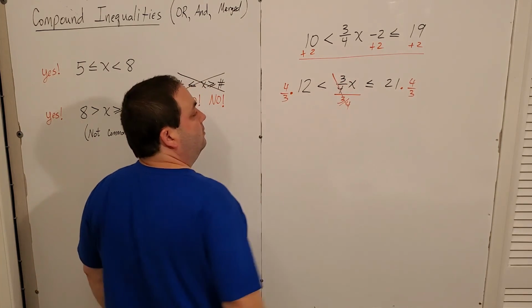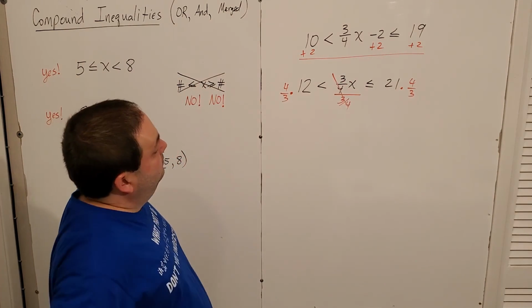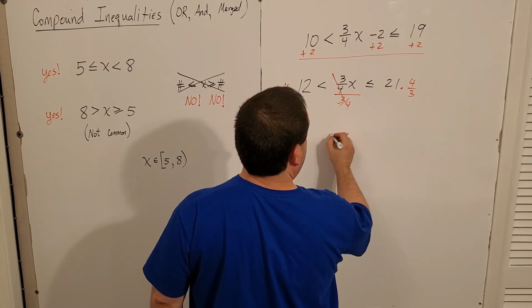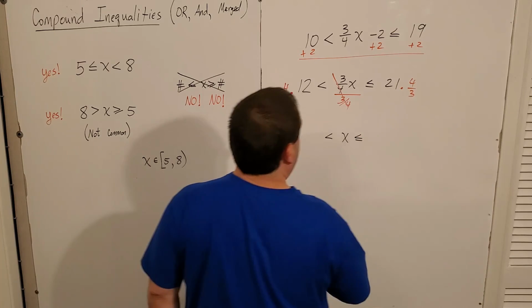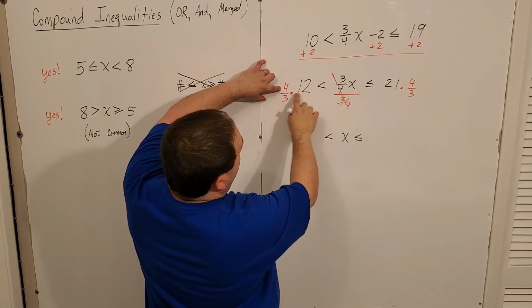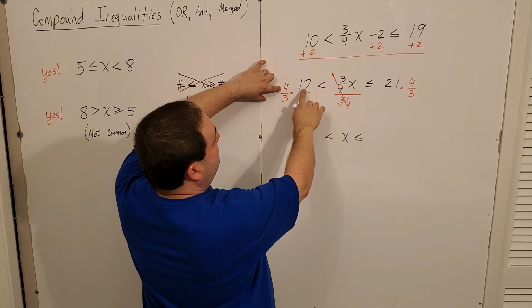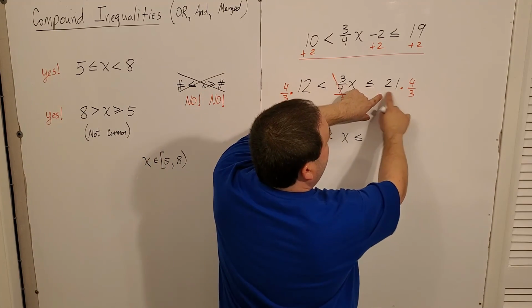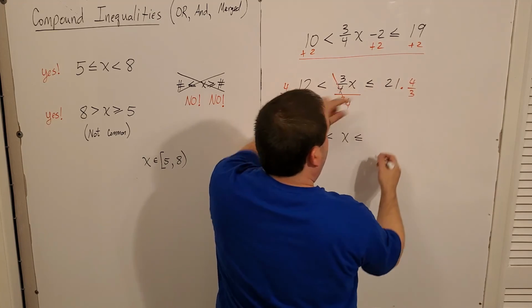Right? So these are going. That leaves me with an x in between. Here I've got 3 into 12 goes 4 times, 4 is 16. And here 3 into 21 is 7, times 4 is 28.